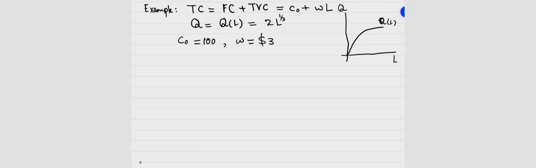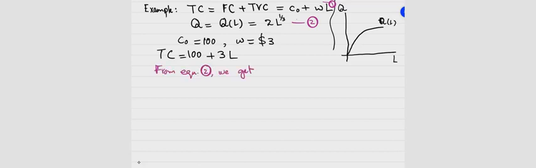Then we can write our total cost function as 100 plus 3 times L. From equation 2, we can invert the function such that Q over 2 equals L raised to the power 1/3, and then we take power 3 on both sides so that it becomes L equals 1/8 times Q cubed.